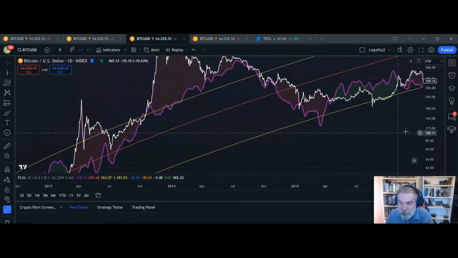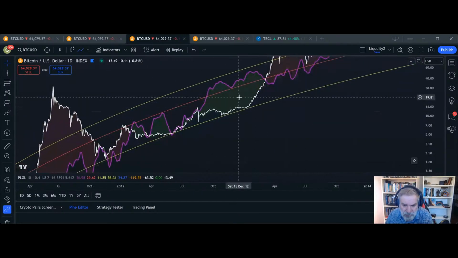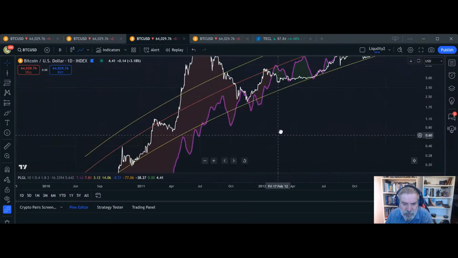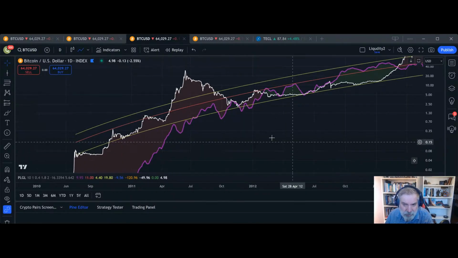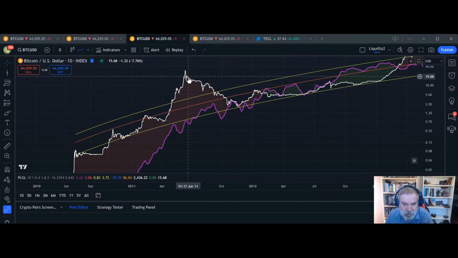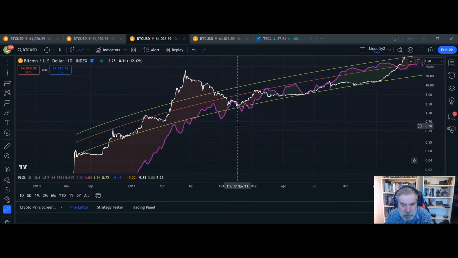The only time where that didn't happen was, see, even here, with the real first bubble, and that bubble happened before the halving. So I always say that this bubble is really like an anomaly. The market cap was much smaller. You could manipulate very easily.